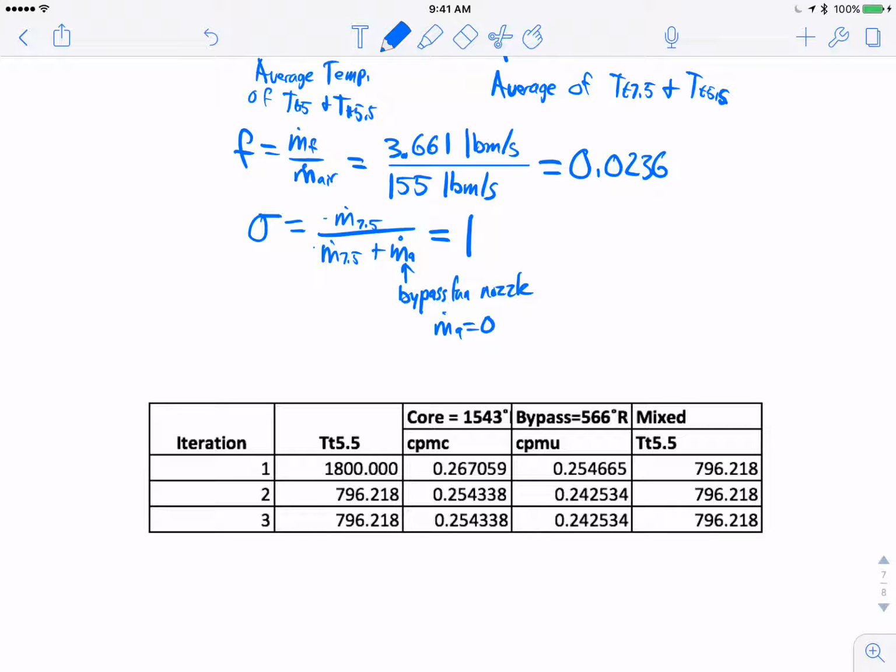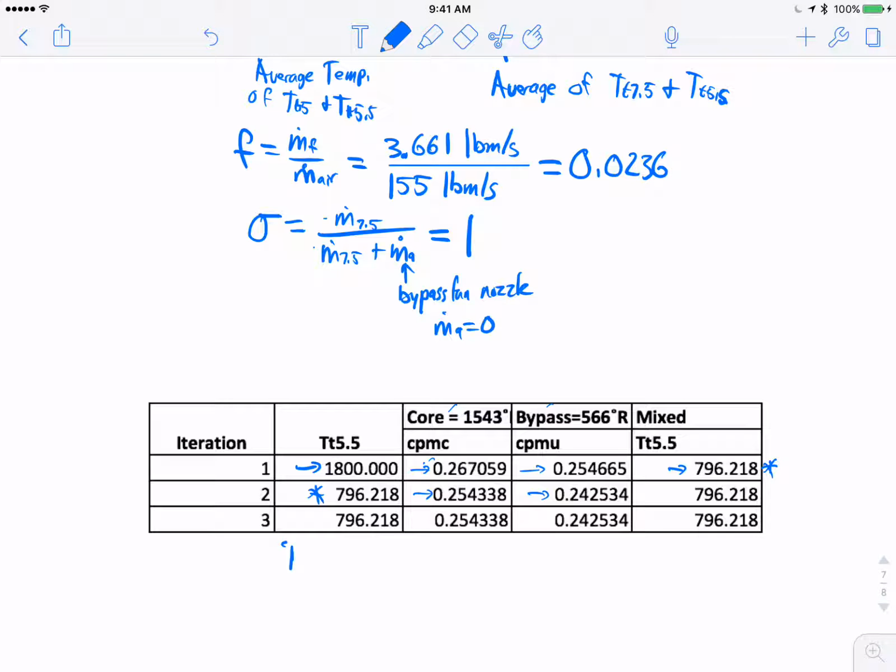So looking at iteration here, we're going to guess a value of just 1800 degrees Rankine for TT5 and use that for the core and bypass streams to calculate the values of CP that we need, and use that to update our value of TT5.5. That then gets repeated on the next line down, and we use that as the input to determine our air properties again, and that'll very quickly converge.